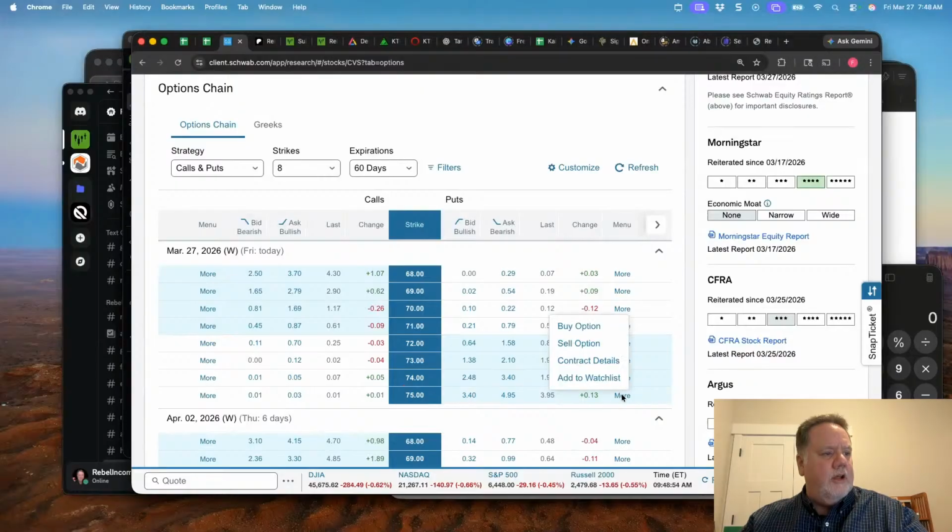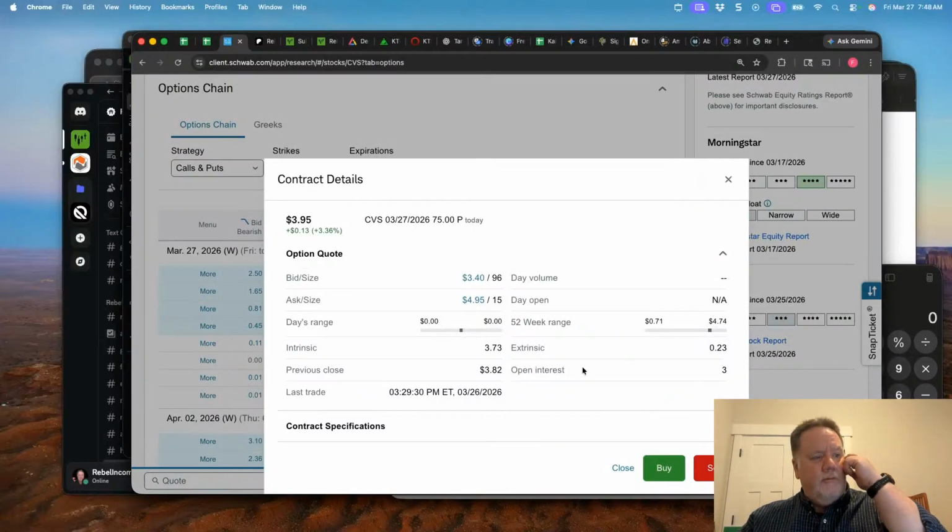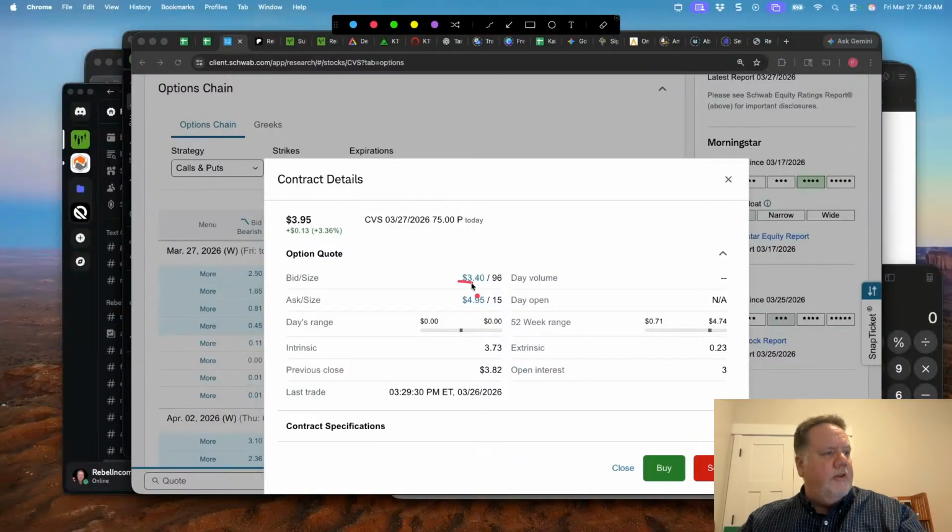Let's take a look at the contract details. The reason for the difference in the spread is simply because there's really not a ton of open interest in this contract. This is one of the things that can happen sometimes when you work with options without a ton of open interest.